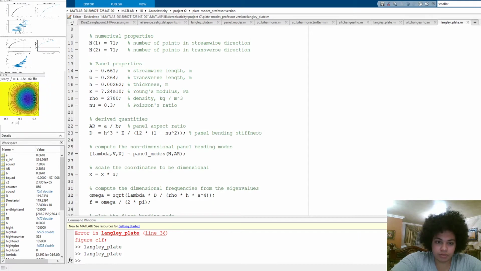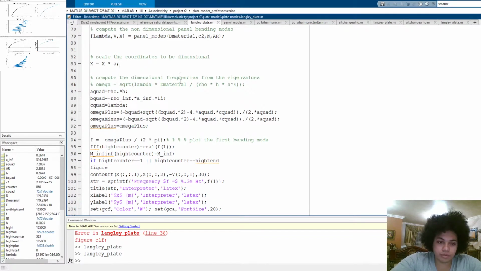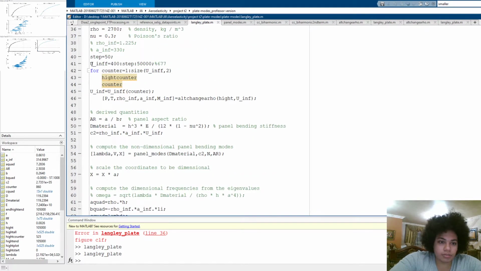Okay, the code is divided into three main parts. We begin with the biggest function, the Langley plate, but this is a modified one, it's not the given one. And we start by assuming a velocity, and then we test for it.